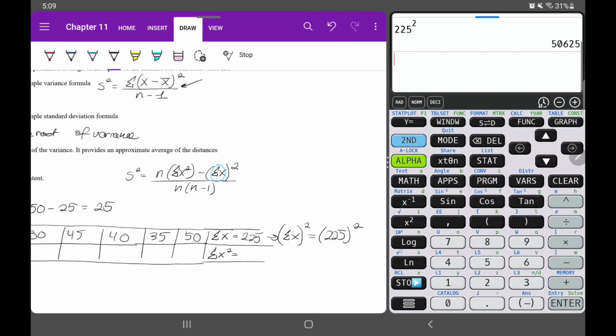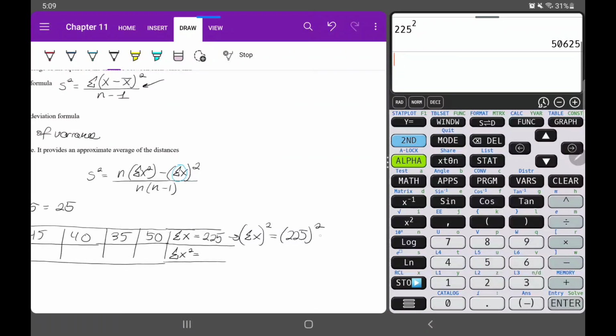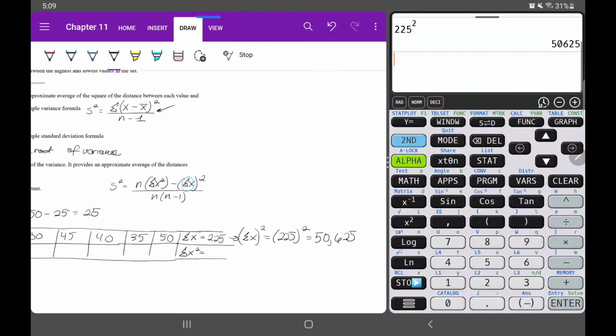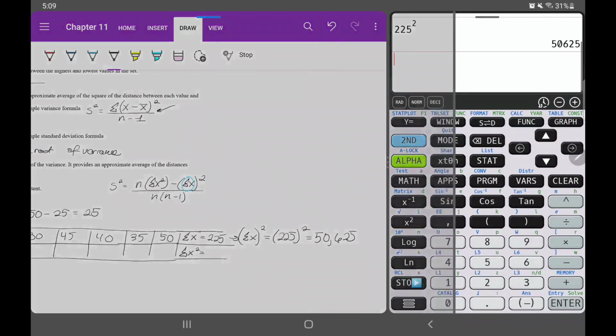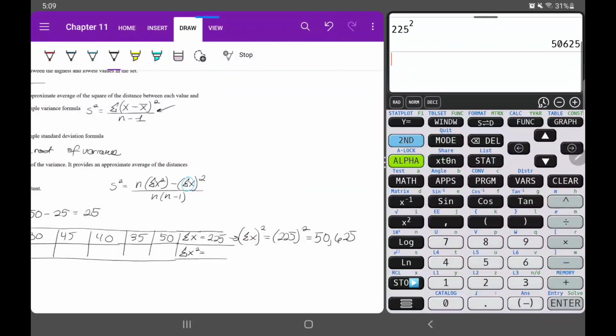And 225 squared is going to equal 50,625. Do that off the back so you do not confuse the sum of your data with the sum of the squares for your data values.